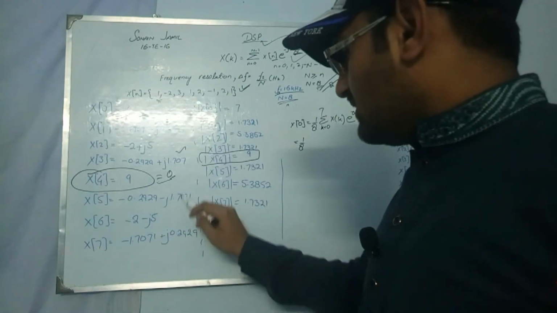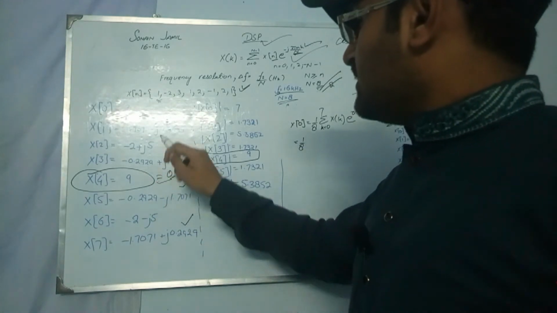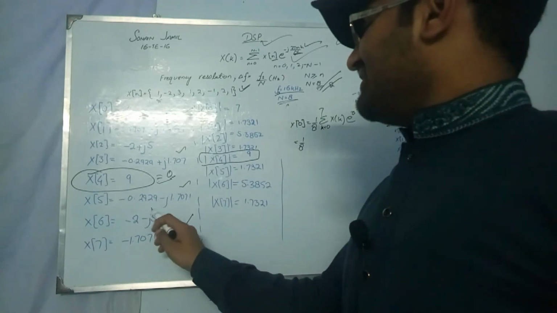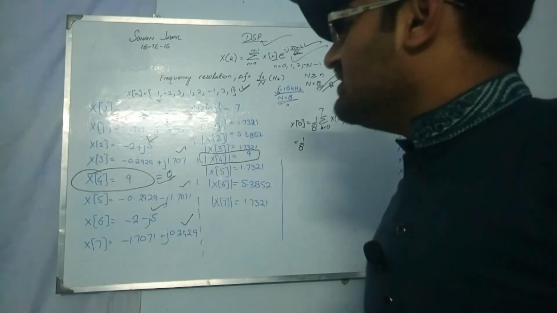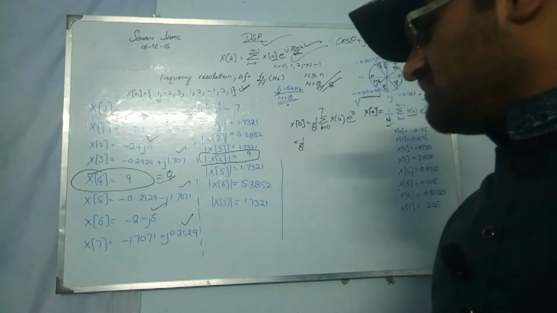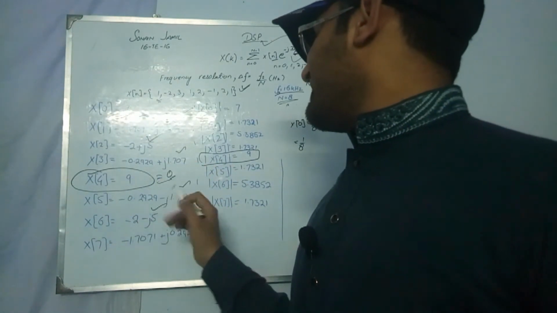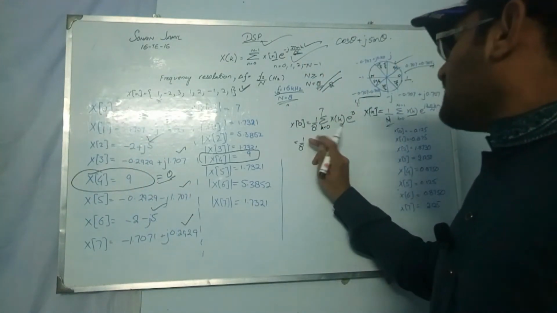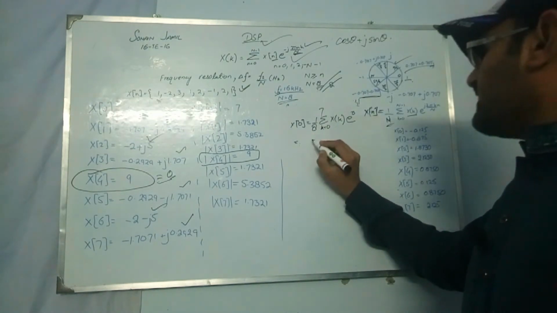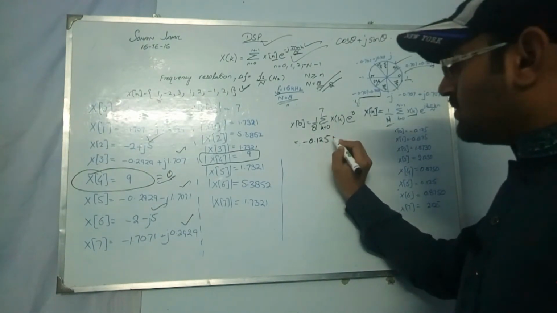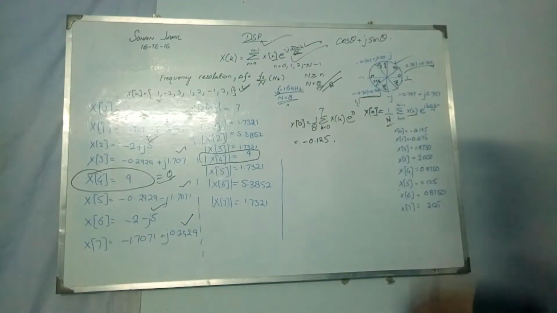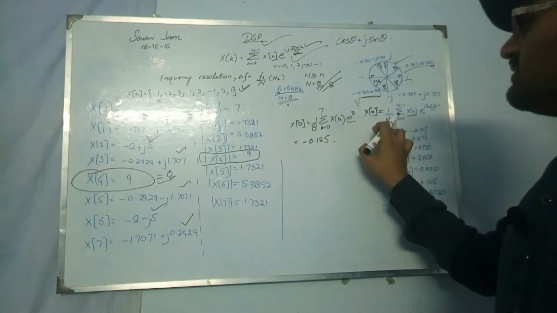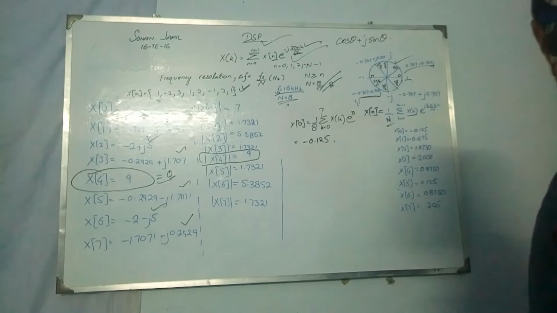This will cancel out with this one, and this will cancel out with this one, and this complex part will cancel out with this one, and the rest of the values are real ones. So you can add these real values and divide by 8, you will get 1.25. Similarly, calculate other values by just substituting or using this formula.